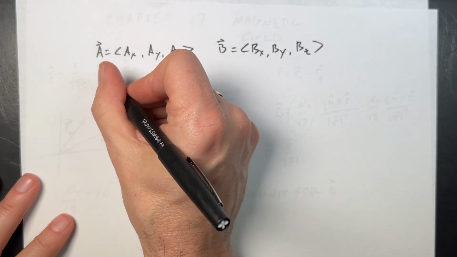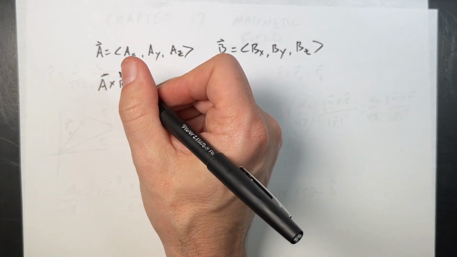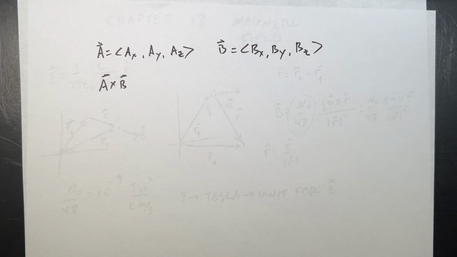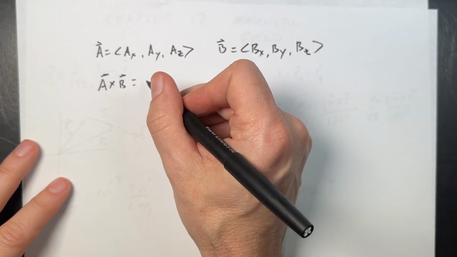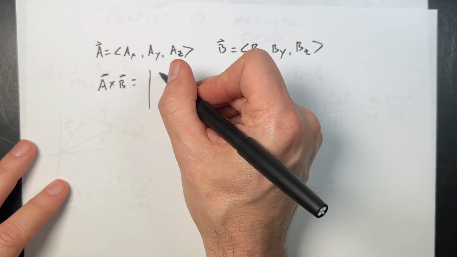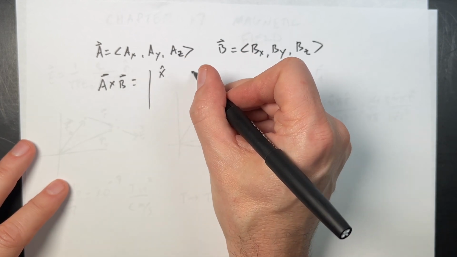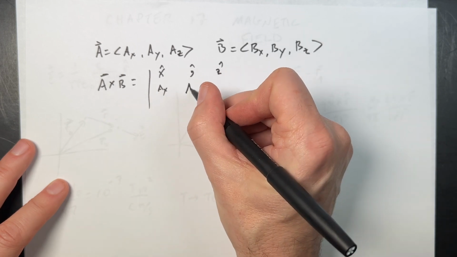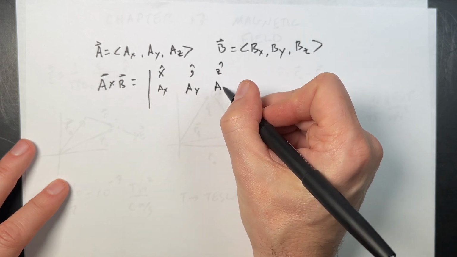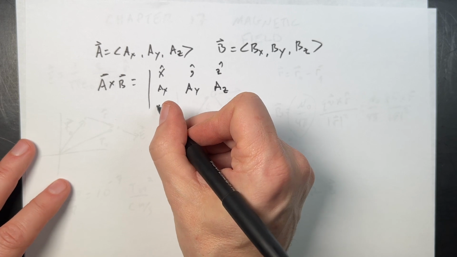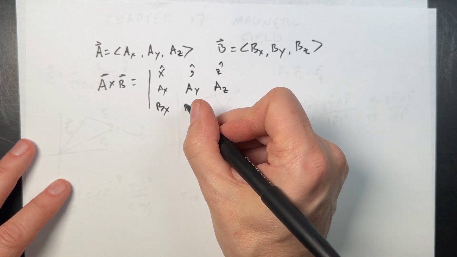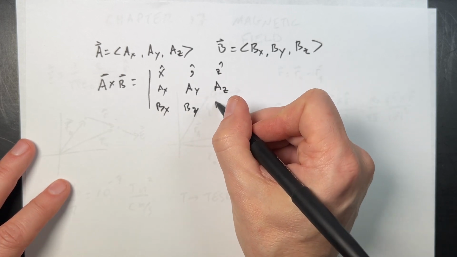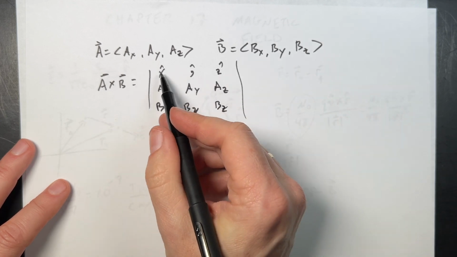Then A cross B is a little difficult to write, but I'm going to use my formula, so don't worry about this. We can write this as the determinant of the matrix X hat, Y hat, Z hat, AX, AY, AZ. I do not expect my students to memorize this. BX, BY, BZ.